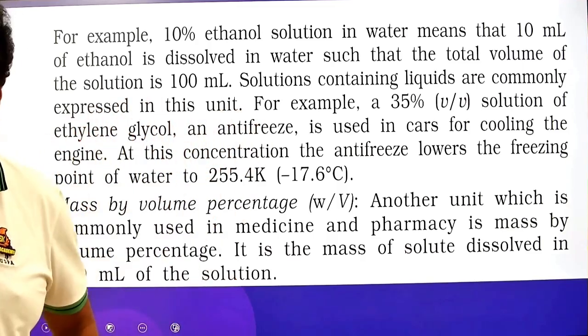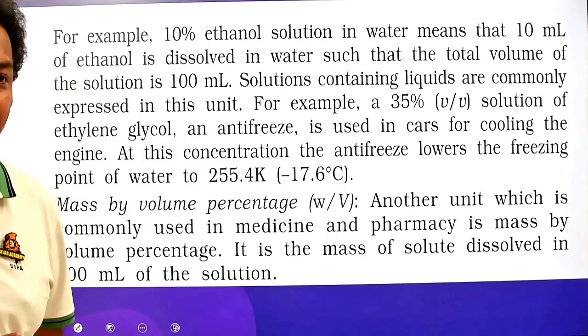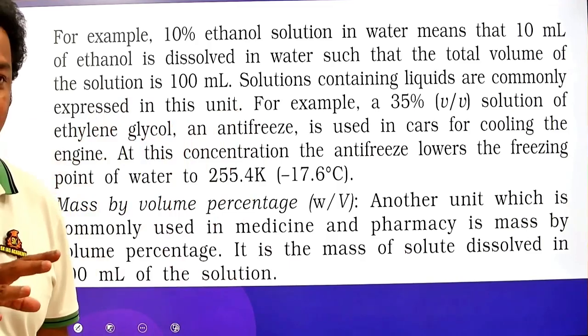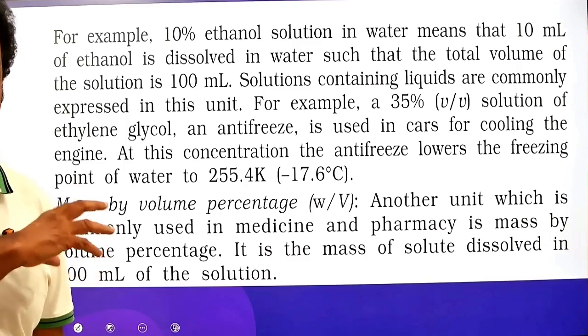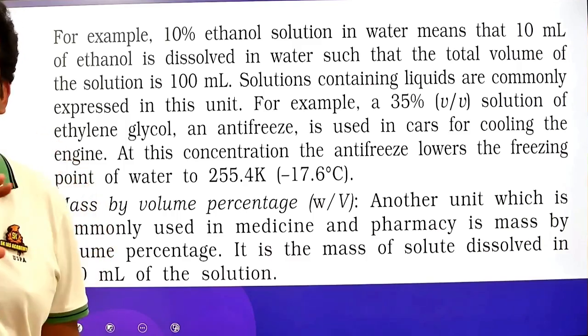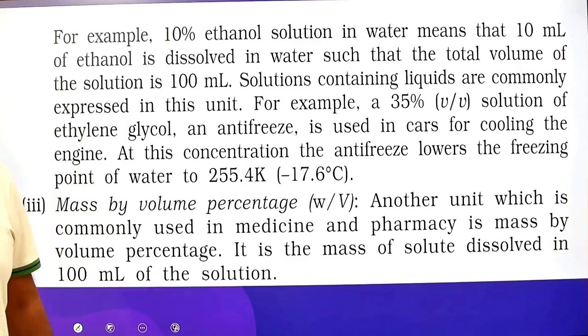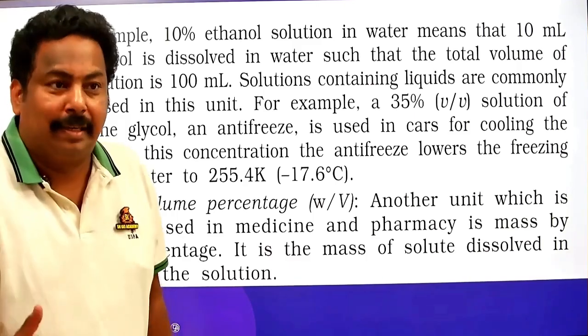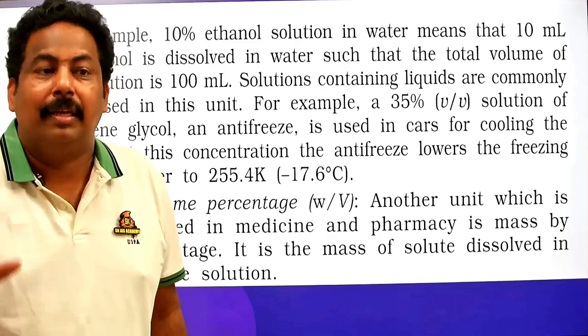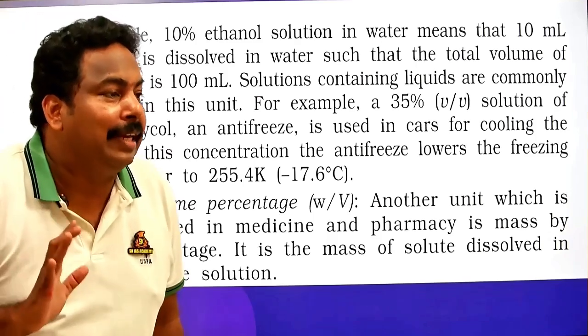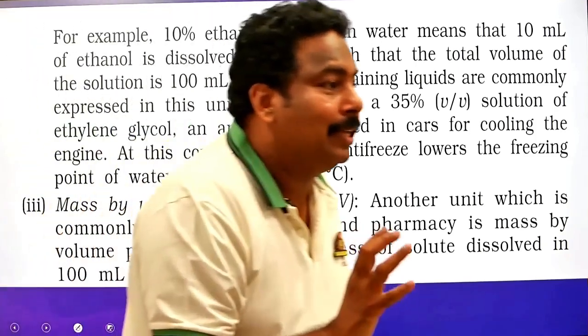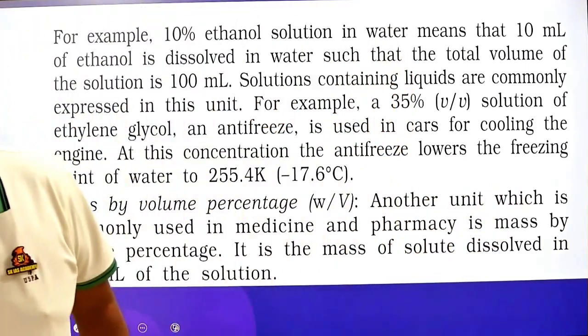That means in Ladakh, if you drive a vehicle, the coolant ethylene glycol percentage, 35% solution will not freeze. If the coolant does not freeze, your engine runs efficiently. Otherwise, it gets burnt up. Are you able to understand?